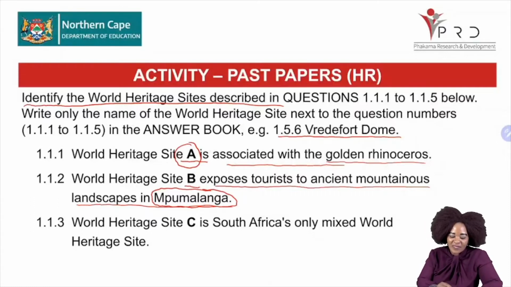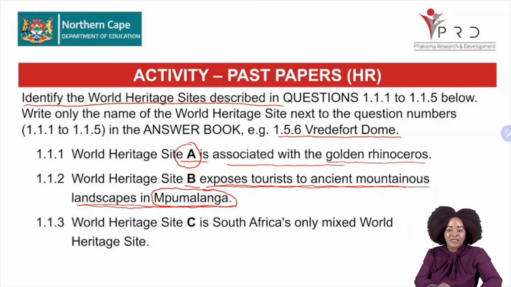Again, grade 12 learners, I want to believe that you have written the name of that World Heritage Site. On the map, it is World Heritage Site B, but now this World Heritage Site exposes tourists to ancient mountainous landscapes in Mpumalanga. I know that you have written the correct name of that World Heritage Site.